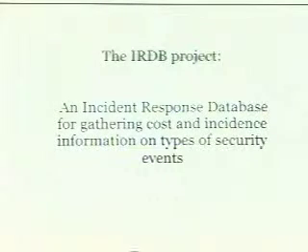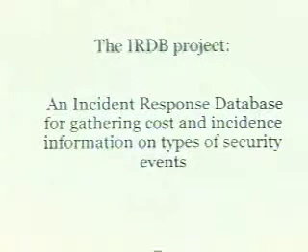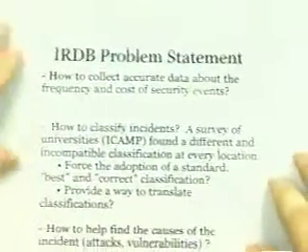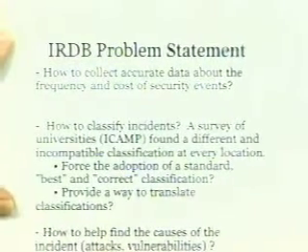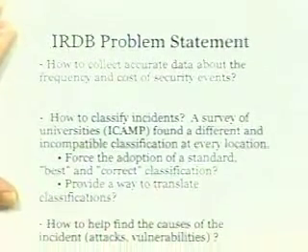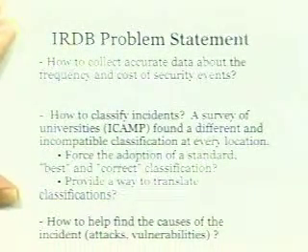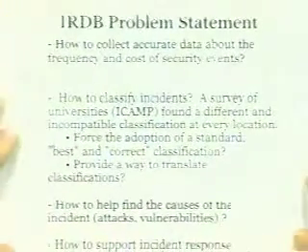So this project is a database for gathering costs and incidence information on types of security events. The problem that this is trying to solve is how to collect accurate data about the cost and the frequency of types of incidents.